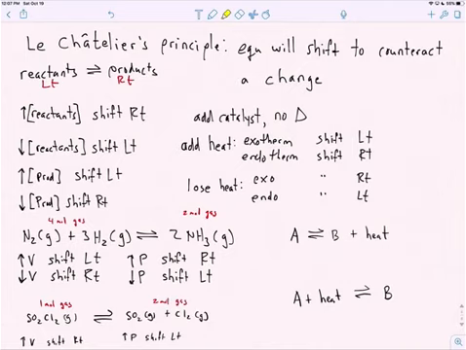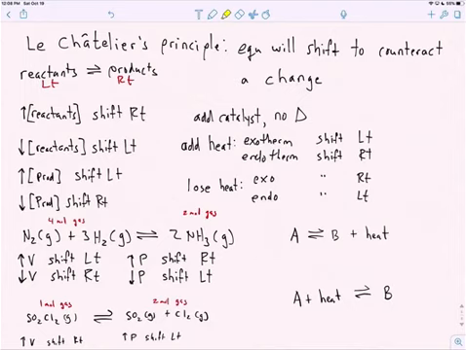Am I going to say, it's time to hunker down and eat more crock pot meals and not go on any trips? Oh no, I'm going to be acting like an idiot. I'm going to be buying all sorts of frivolous things with that sudden increase in money, right? So that is Le Chatelier's principle.